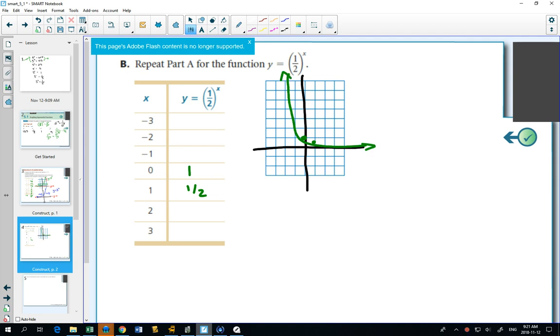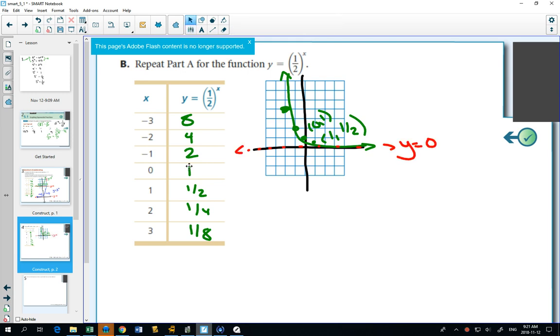We could fill in the rest of our table of values. Here we're going to get 1/4, 1/8. Can you see that if you put in a negative 1, you would get 2 and 4 and 8? That point's just a little bit off, and that one, oh well. Okay? But the key points on this one are 1, 1/2, and still 0, 1. And we still have an asymptote at y equals 0.